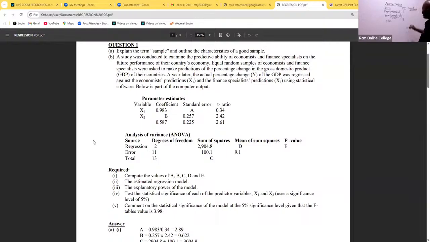Sum of squares, 2904.8, 100.1, and C. And then we have the mean sum of squares, MSS. For the mean sum of squares, I can see D, and then I can see 9.1, and then I can see the F value. So the F value, I can see an E there.